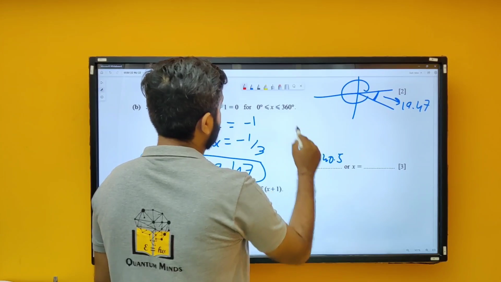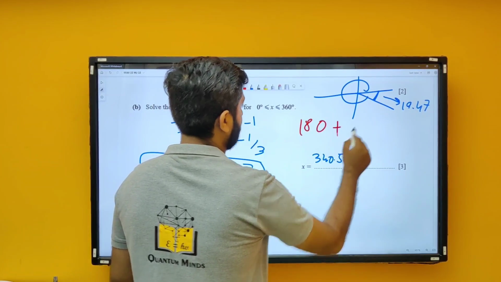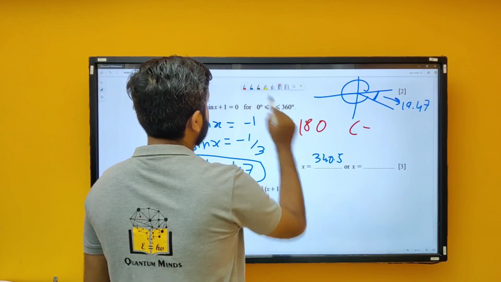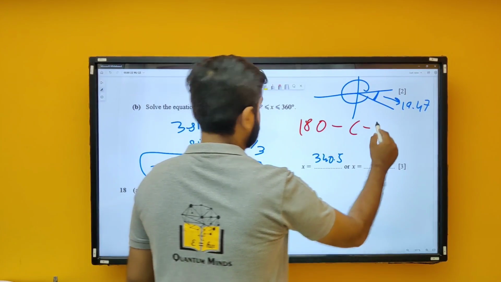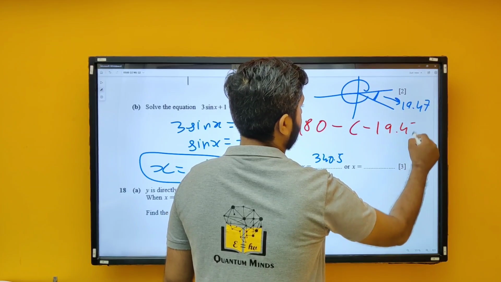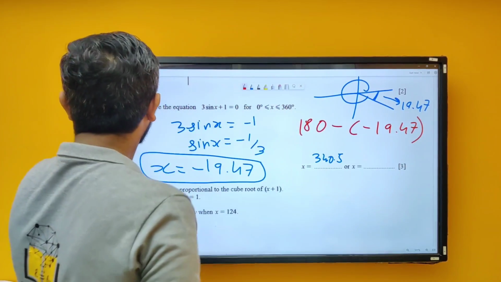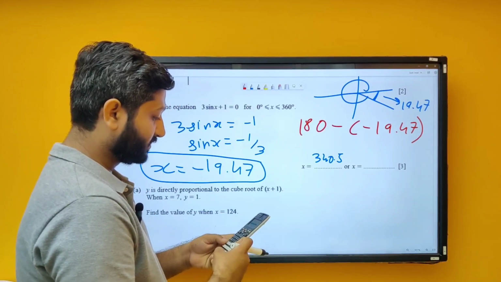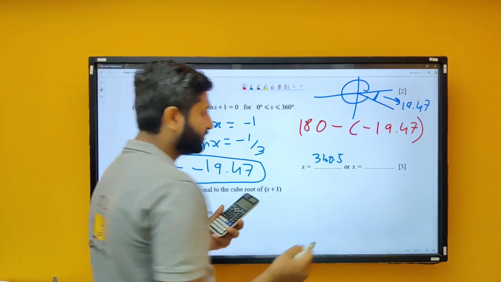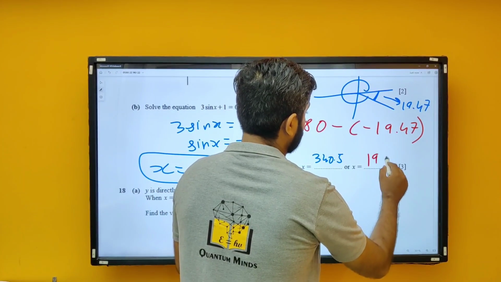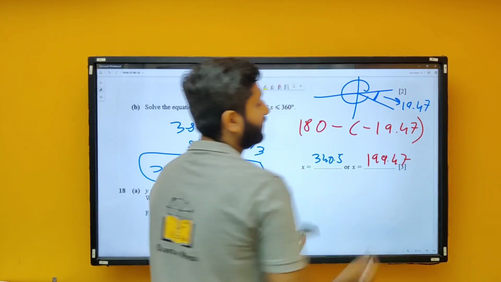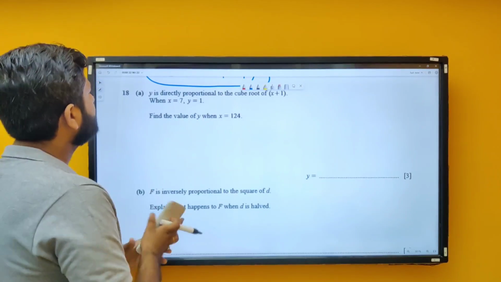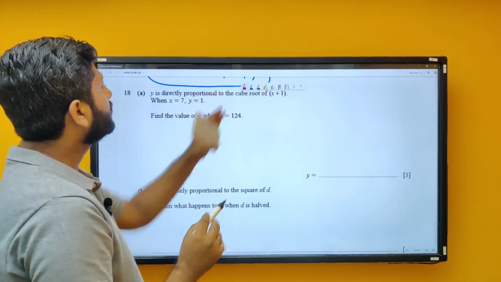So the other angle is going to be 180 minus 19.47, or okay, this will also work. So 180 plus 19.47, which is 199.47, right? The second answer is 199.47 degrees.